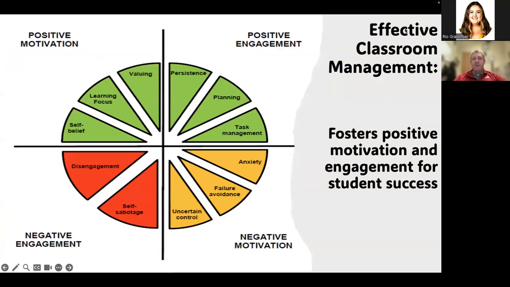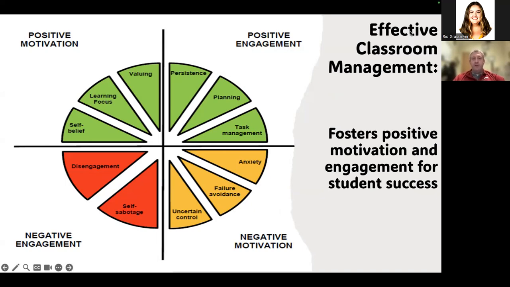Effective classroom management is going to foster positive motivation and engagement for student success. So we see this pie here, and we look at positive engagement, negative motivation, negative engagement, positive motivation. So let's look at engagement first. Positive engagement: persistence, planning, task management. This is your responsibility.